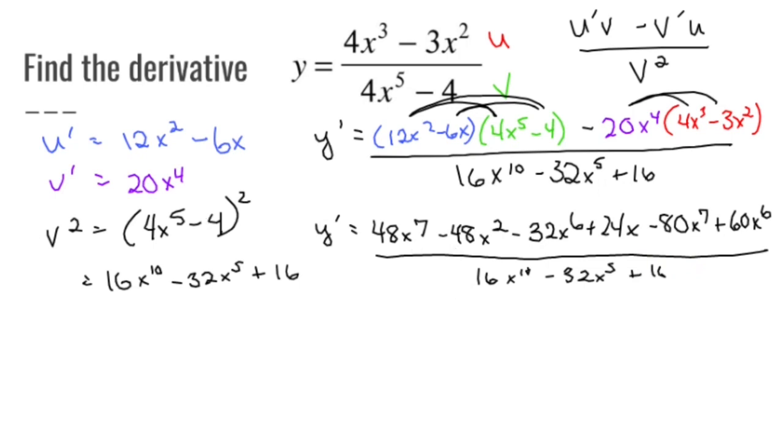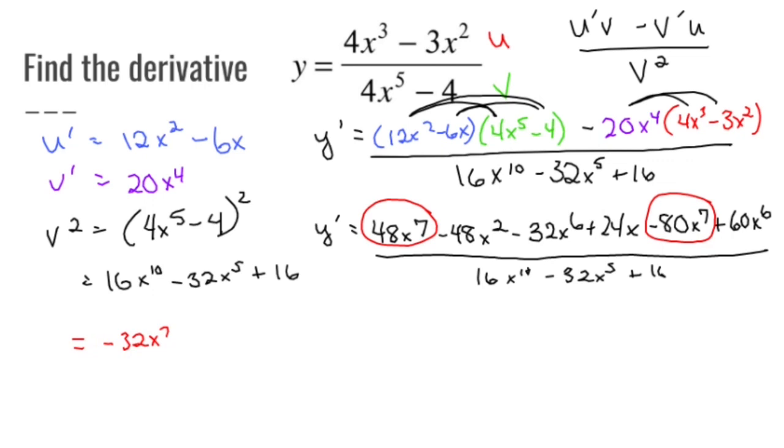All right, so let's see if we can do some combining, and I'll bring it over here just in case there's more factoring going on. I'm not sure what my answer is going to be. I'll go standard form, biggest degree first. 48x to the 7th minus 80x to the 7th is going to be negative 32x to the 7th.